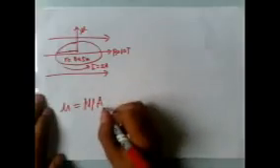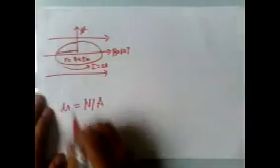So the magnetic moment is perpendicular to the plane. So we have, this is your magnetic moment. The magnetic moment is equal to N i A, where the area is equal to pi times r squared.